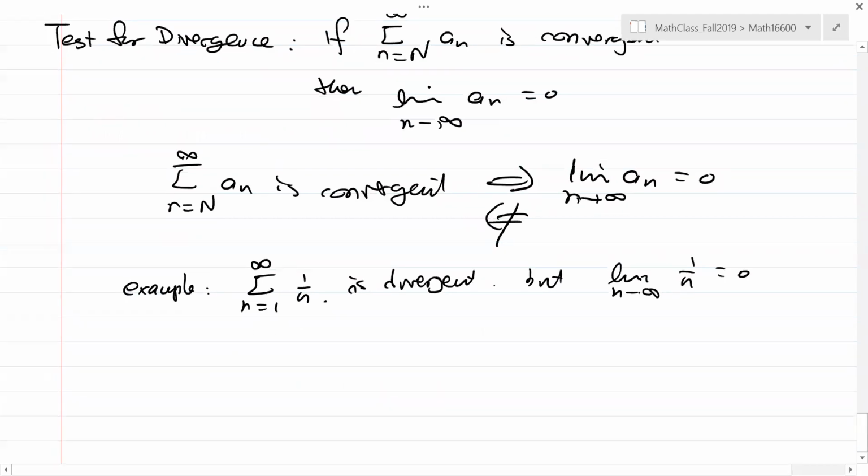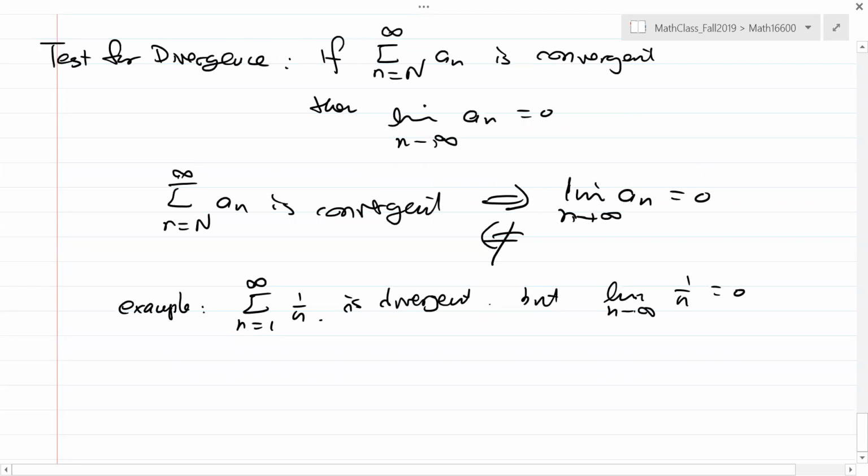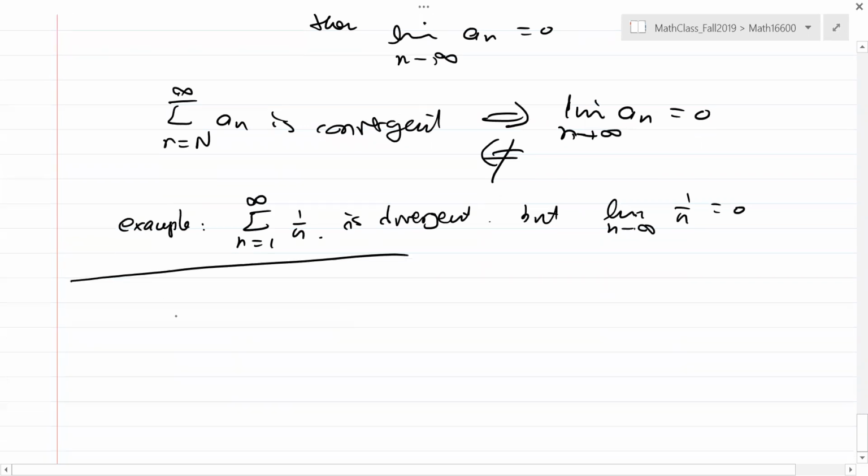All right. So why, when the series converges, must the nth term converge to 0? So you can look at the partial sum. The partial sum, this is s_m, right?